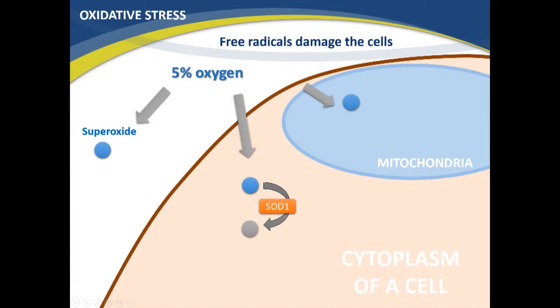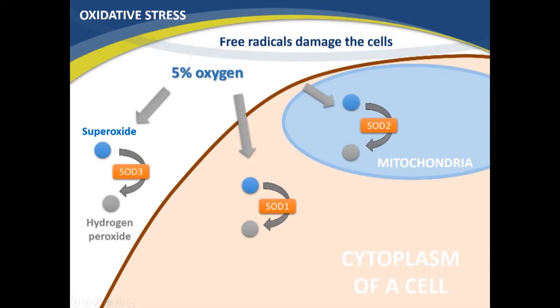Nature, however, found out that this is dangerous for cell health. And it gave us different genes that produce enzymes, and there's the SOD1 gene that converts superoxide to a different substance, to hydrogen peroxide inside of the cytoplasm.